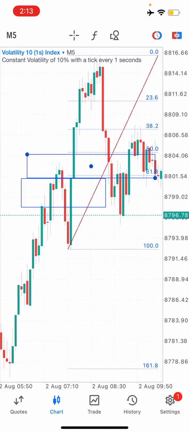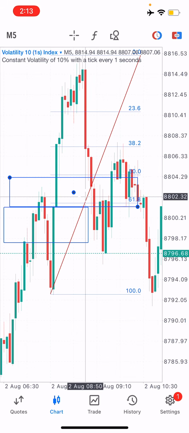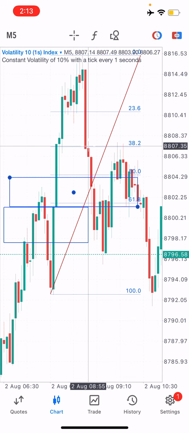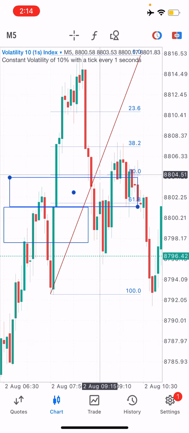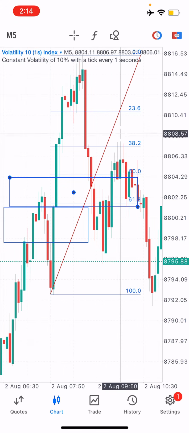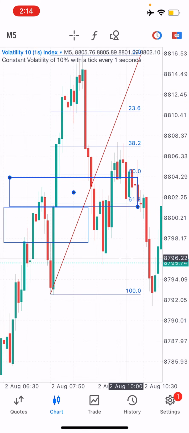Don't forget, I don't think I've ever dropped a video in this channel about the Fibonacci tool, but the Fibonacci tool has two parts. As you guys can see, it works with percentage. This is the 50% level. It might not really be clear to you guys. As you guys can see, there are some writings here: 23.6, 38.2, 50, 61.8, and 100.